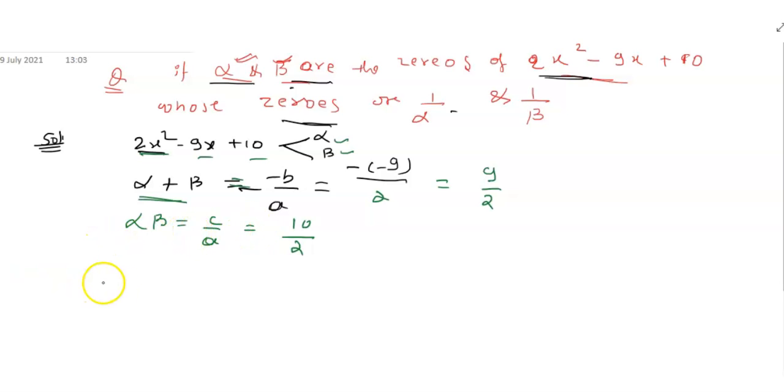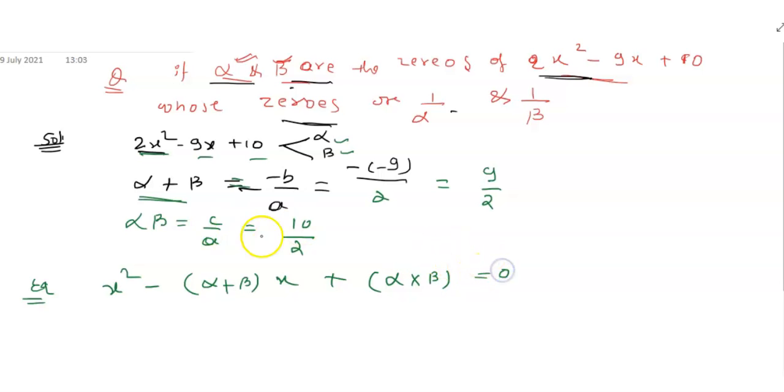Okay. Now we know the equation of a quadratic polynomial, that is x square minus sum of zeros, that is alpha plus beta, into x, plus product of zeros alpha into beta, is equal to 0. In the last problem here we took positive, right?